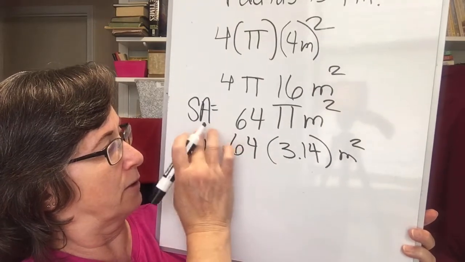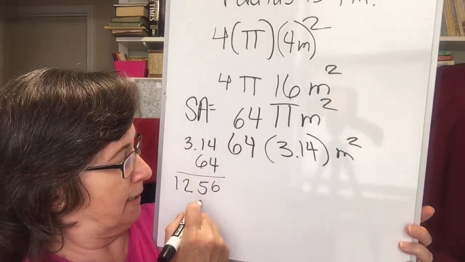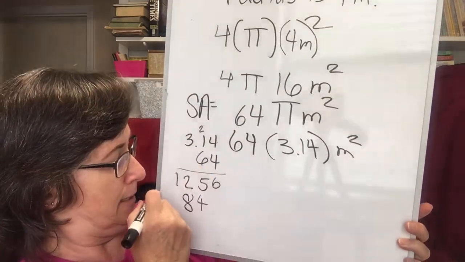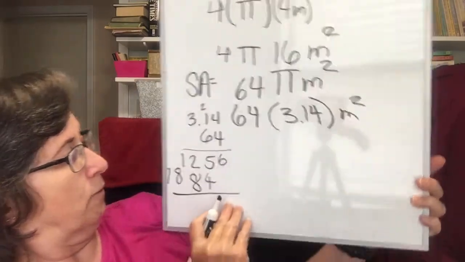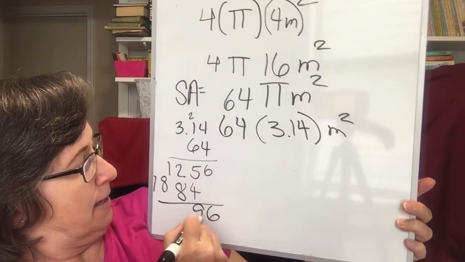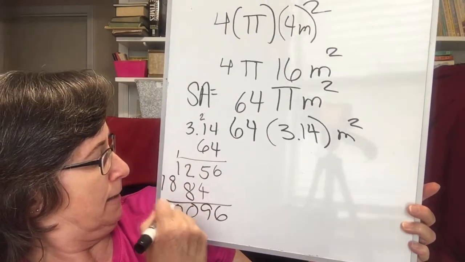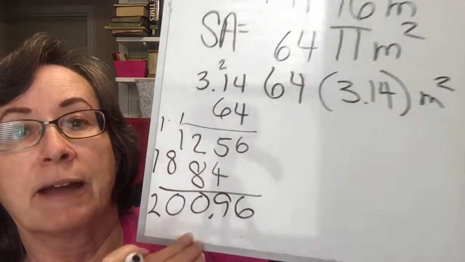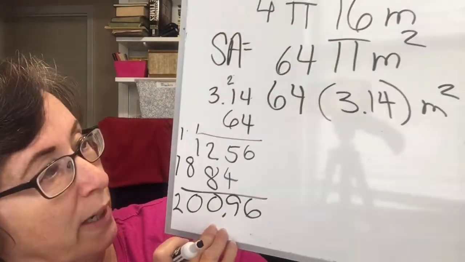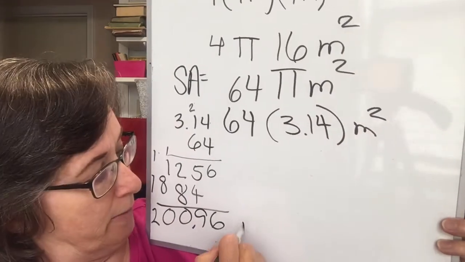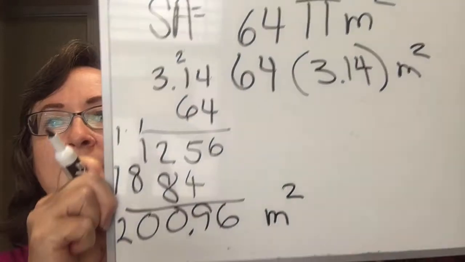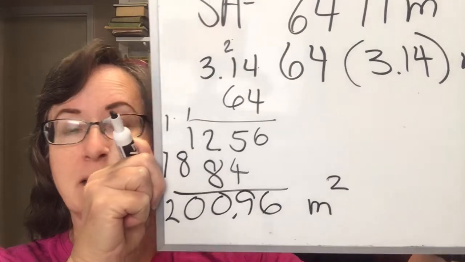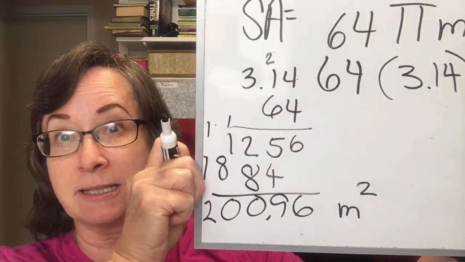And then I'm going to multiply by 6. 4 times 6 is 24. 6, 7, 8, and 18. So then when I add, I get a 6, a 9, a 10, a 10, a 2, 2 decimal places. So I get 200.96 meters squared. 200.96 meters squared is the surface area of a 4-meter radius sphere.